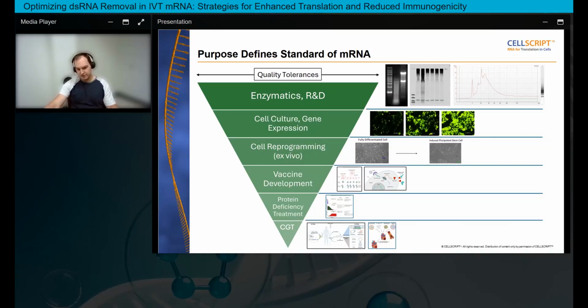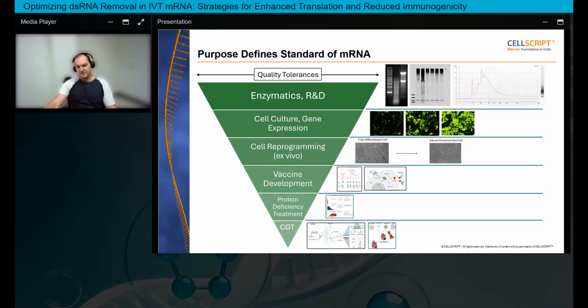Then you move down to cell culture and gene expression. Well, depending on stuff like the type of cell, the type of gene, and how many doses it's getting, and what sort of cells they are, really is kind of the biggest determining factor here.